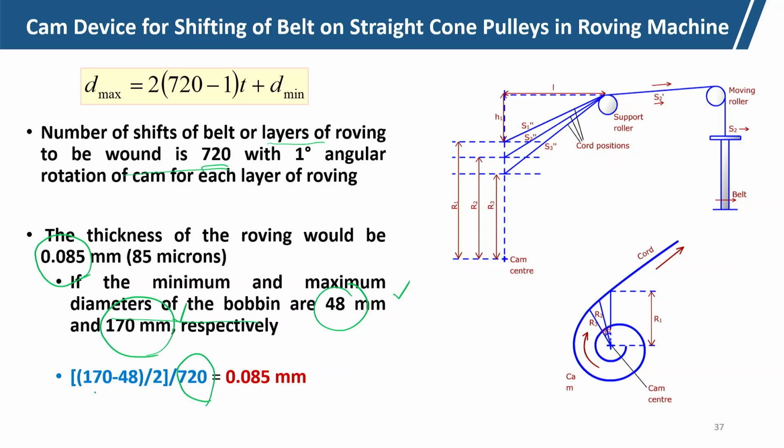So, you can see 170 minus 48 is the diameter difference, the radius difference will be divided by 2, and if we divide by 720, considering that the roving is incompressible, the roving diameter will be roughly 0.085 millimeter. This is coming from this relationship with this assumption, with 720 layers.